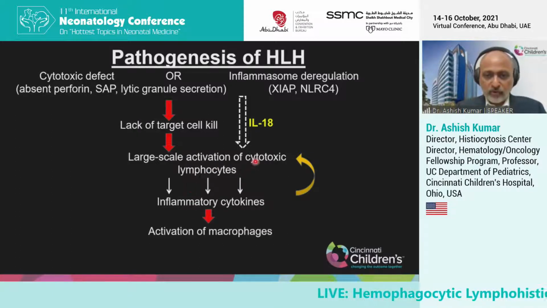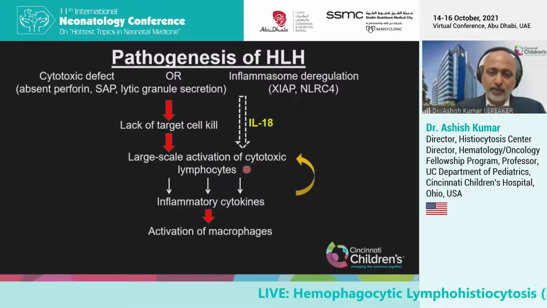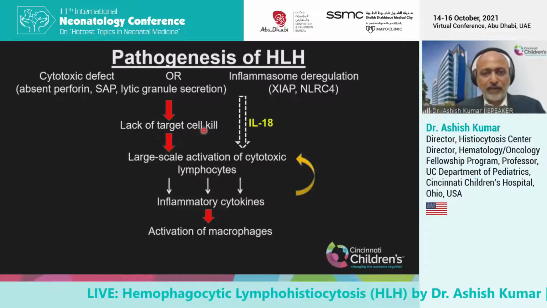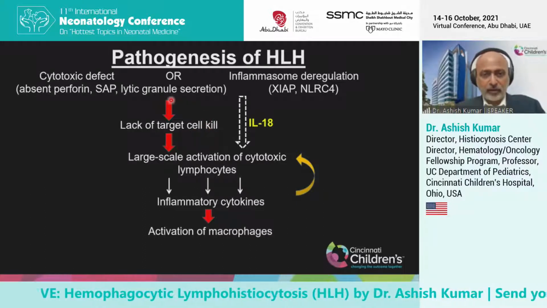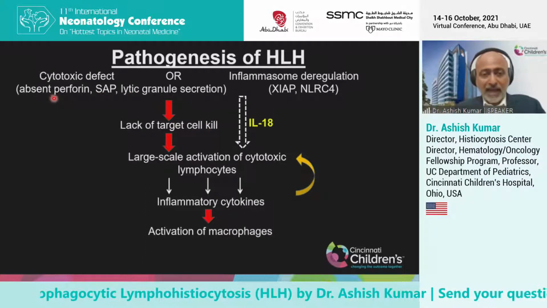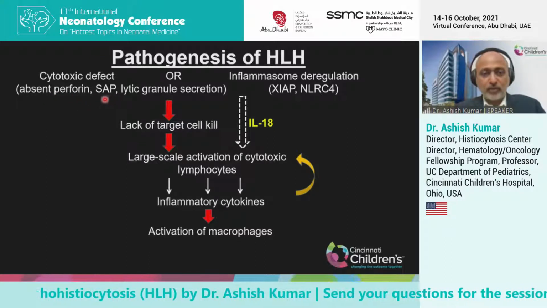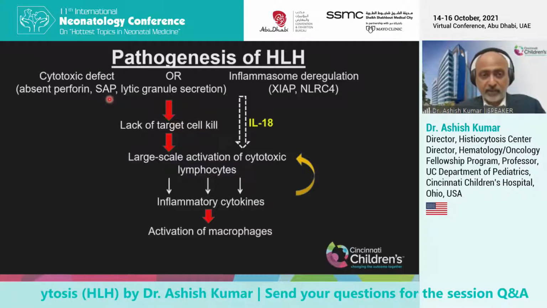So we know that the cytotoxic lymphocytes will become activated if they cannot kill the target cell. And so the lack of killing of target cell can now be traced all the way back up to either absence of perforin, or absence of one of these signaling proteins called SAP. This is on the X chromosome.